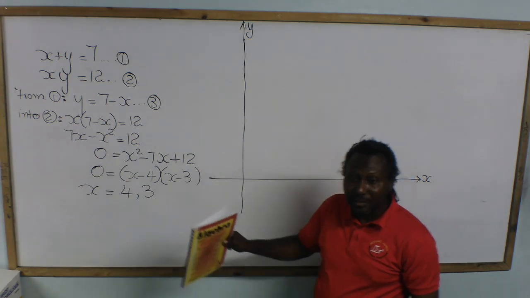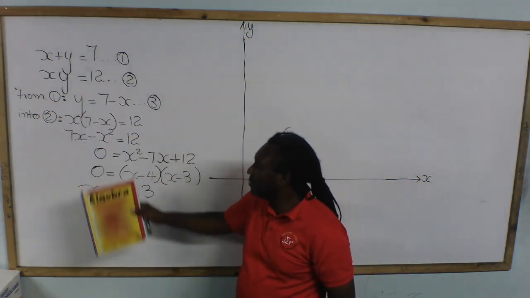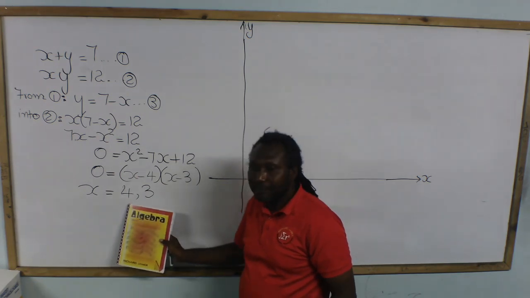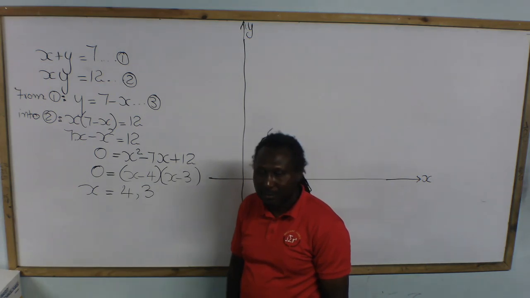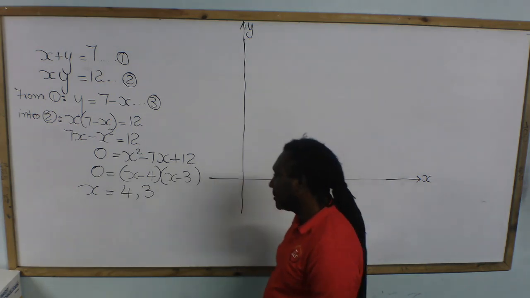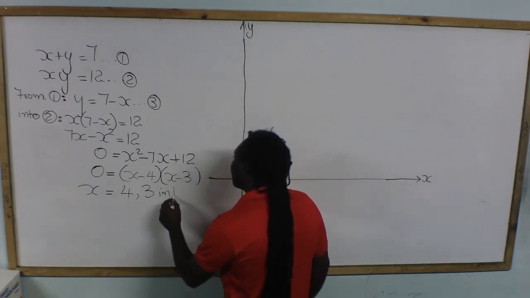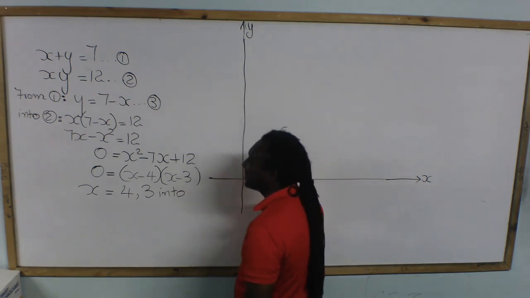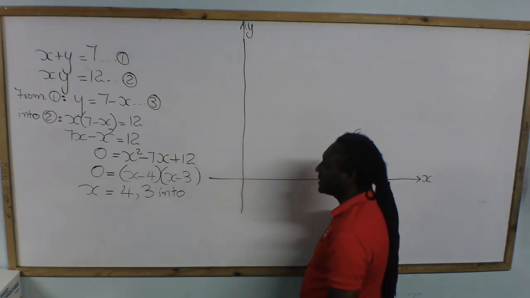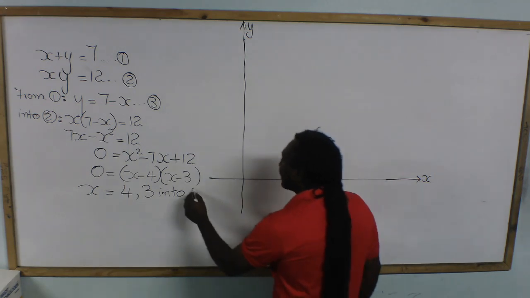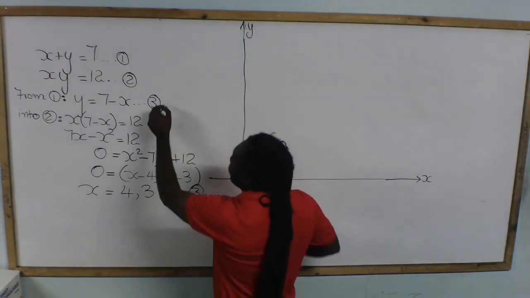So now you realize it's not just x is 4 and y is 3, but x is 4 or 3. And we will put that into equation 3.